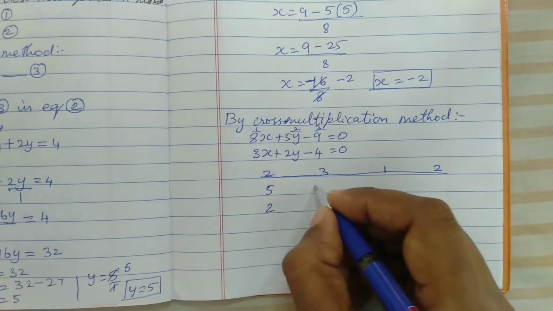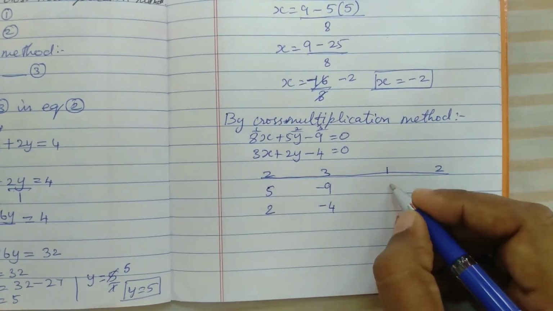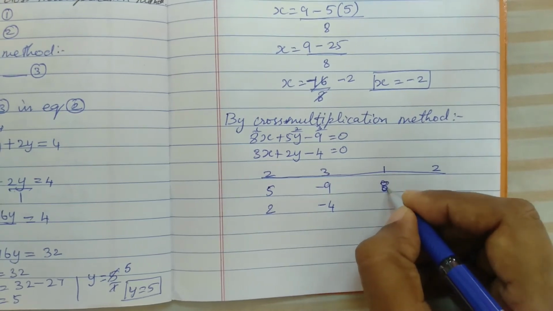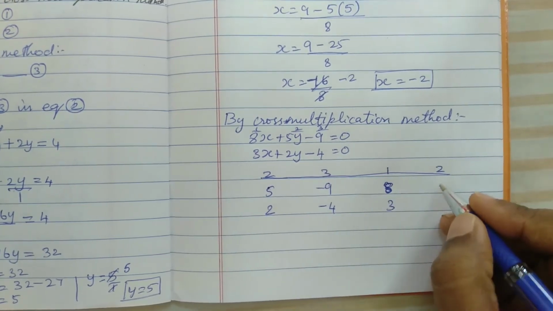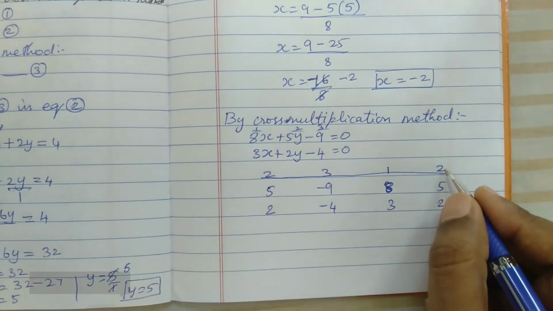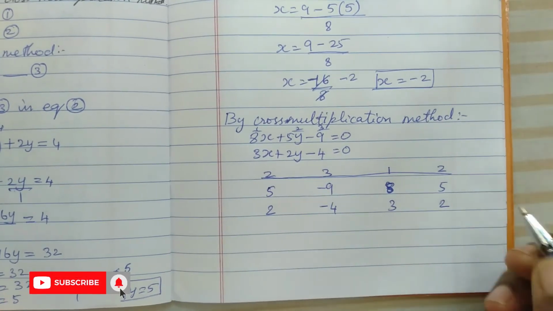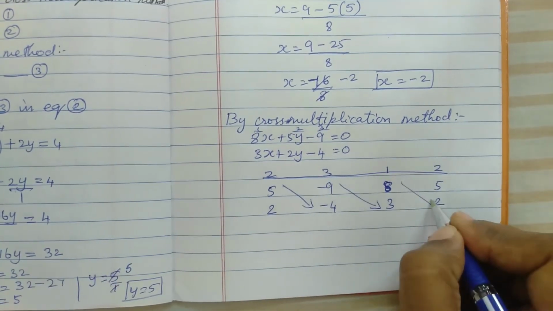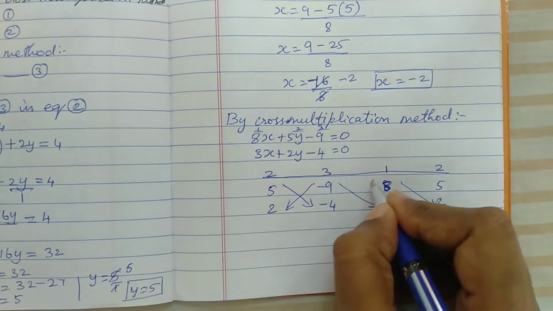This is minus 9 and minus 4, and here in place of 1 you will write 8 and 3, and here again you will write 5 and 2 because you are going to repeat this. This is the second row. Now you will draw the arrows for this cross multiplying.